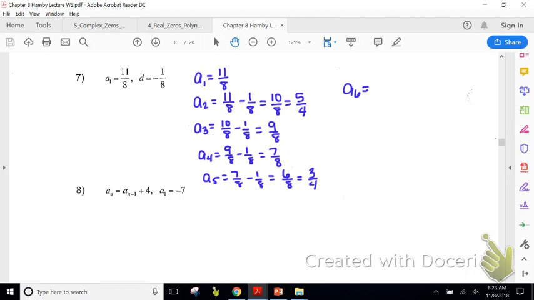I'm going to do the same thing on the sixth one. I'm not going to use the reduced one because I like having that common denominator already done for me.